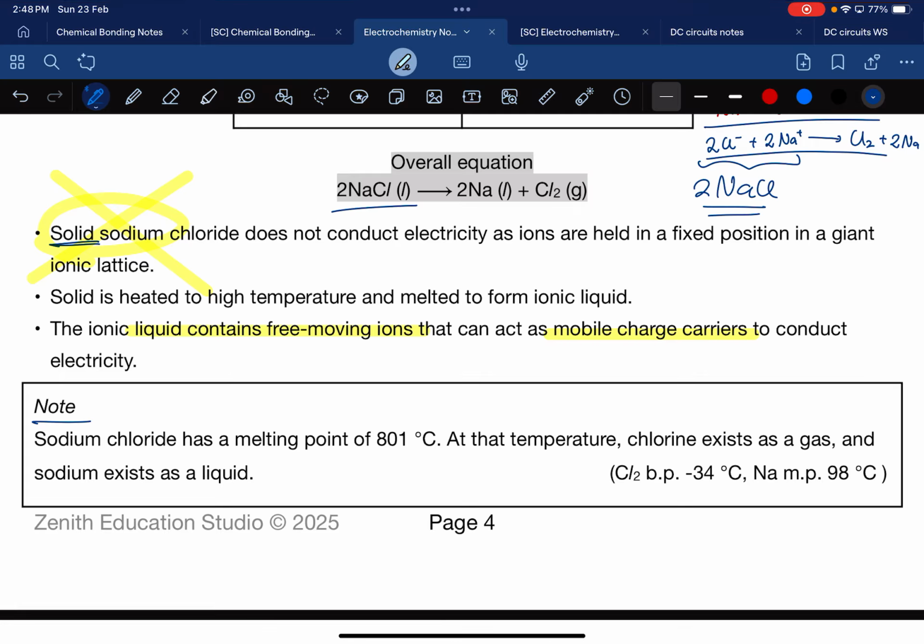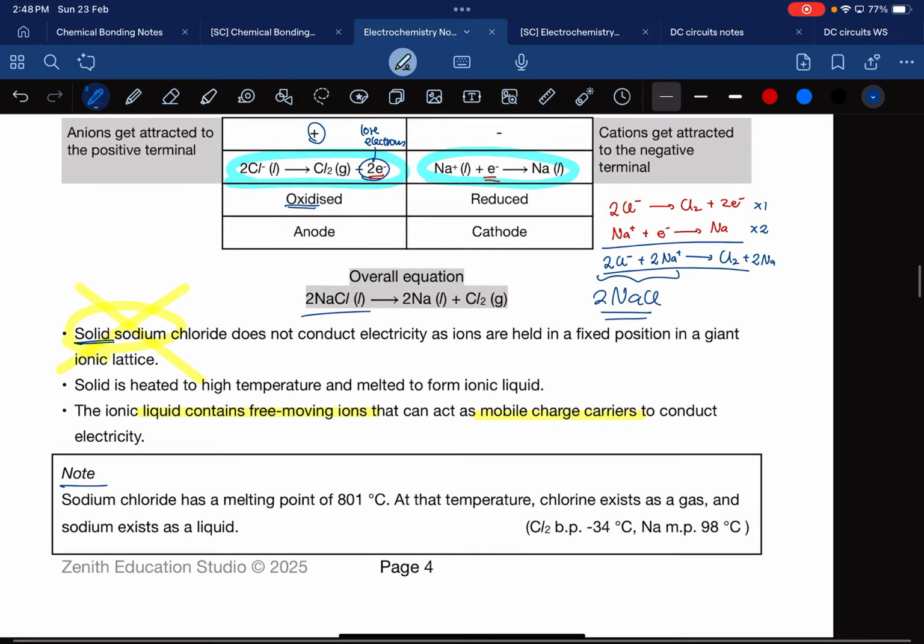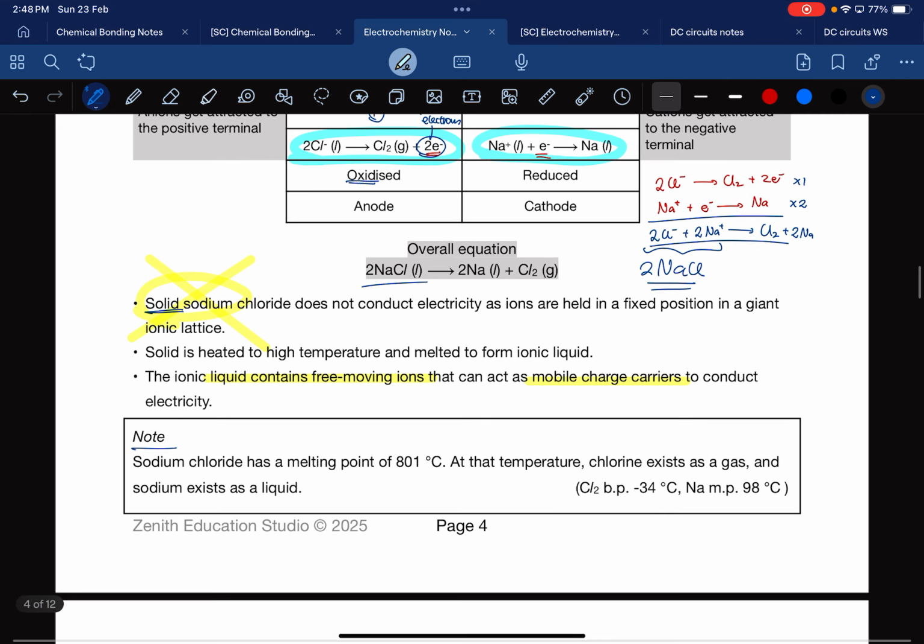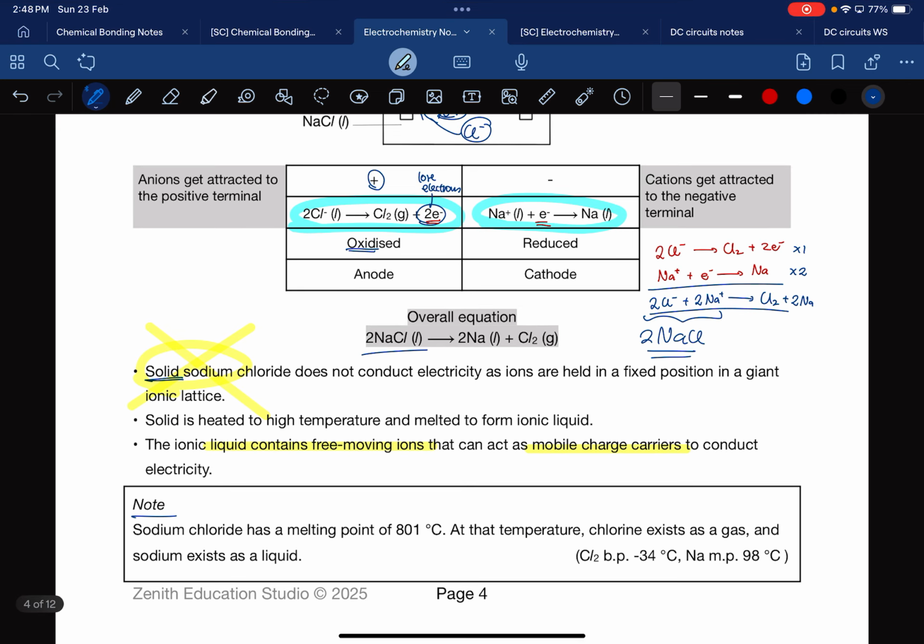Okay, I give you all 5 minutes. Take a read through what we just did before I move on to the next page. Really read through and understand why some ions go to different places, and what happens once they are there.